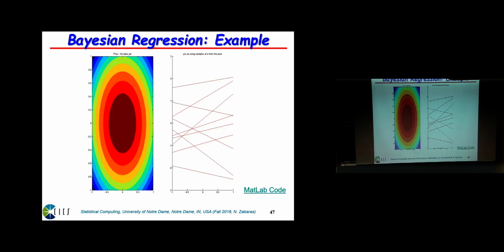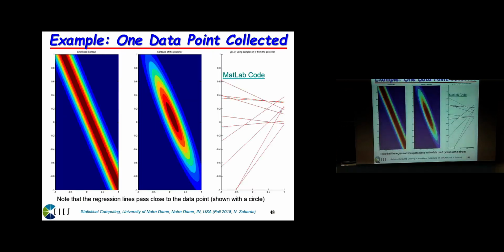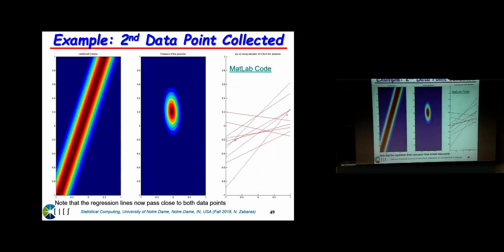All right? Let's collect one data point now. Immediately the likelihood looks like this. And when you update the posterior now, it changes shape and becomes narrower. So here is my data point, and you notice now, if you take samples of W from the posterior, all these regression lines seem to be passing around that point. Okay? Now let's collect a second data point.